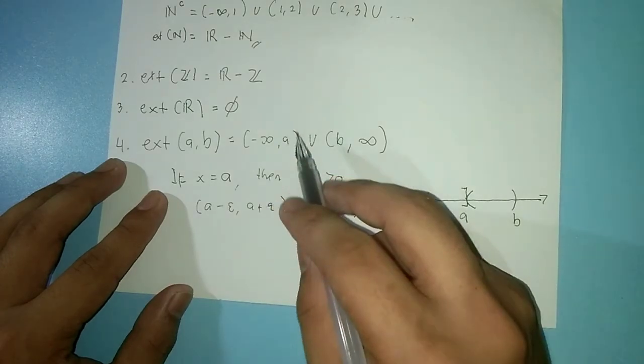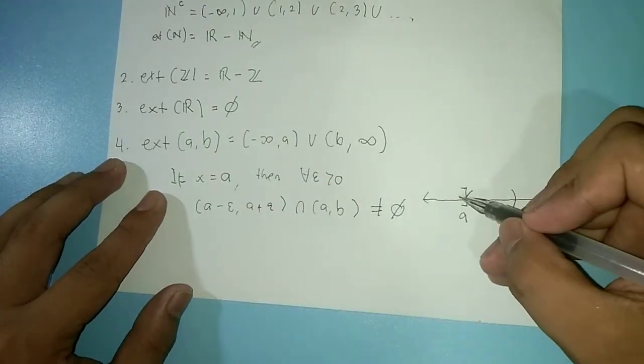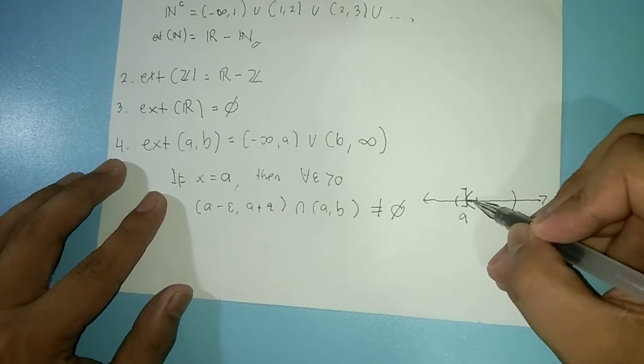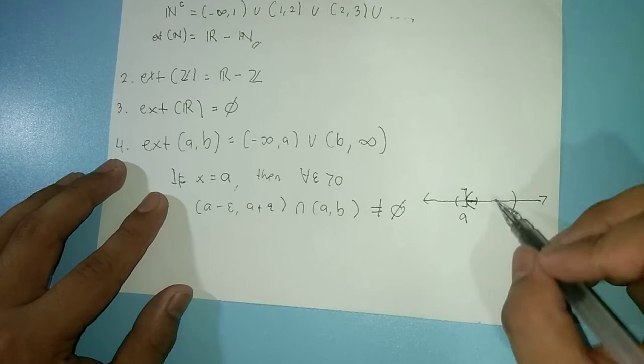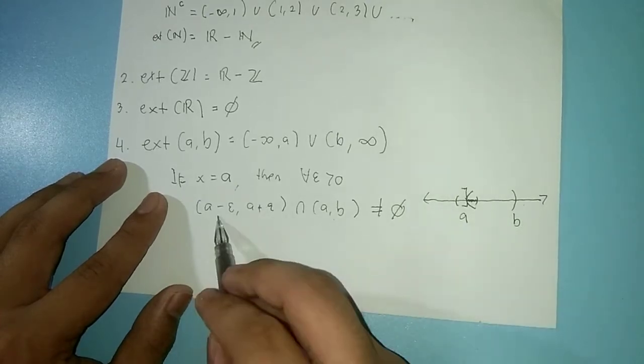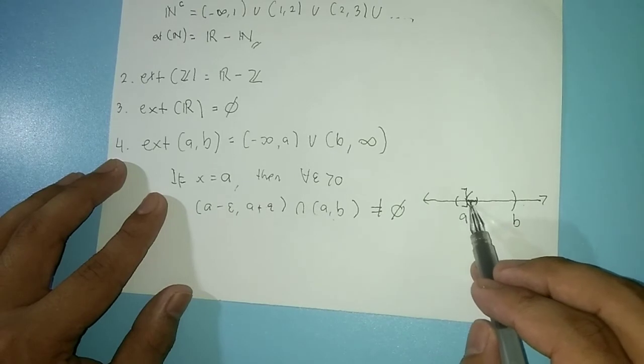Halimbawa, clinose natin to. Pag bumuo tayo, kahit anong epsilon pa ilalagay mo dyan, may makukuha tayong laman na nasa loob ng AB, which is kapag in-intersect na natin yung AB, tsaka yung epsilon neighborhood, hindi na siya empty kasi ito yung magiging laman ng intersection nila.